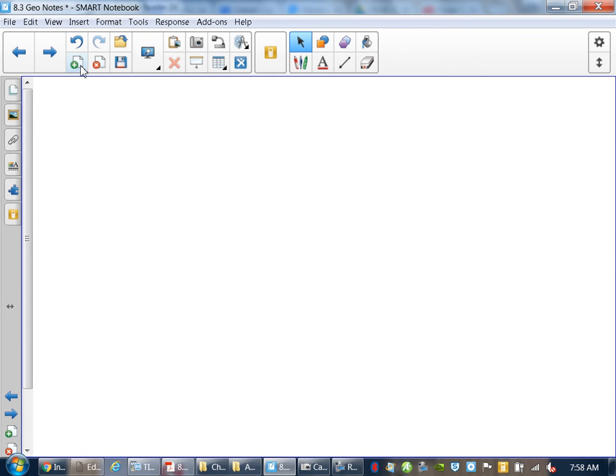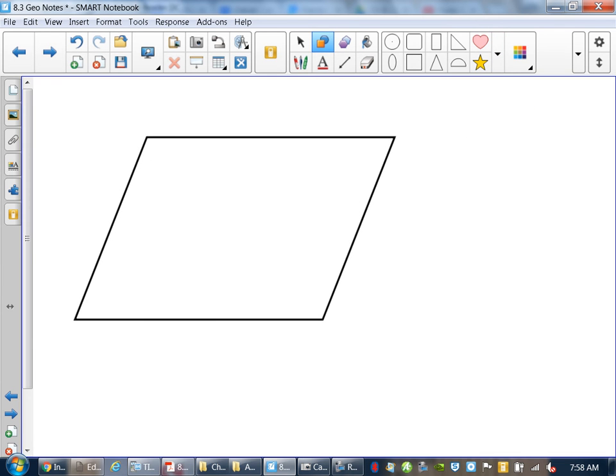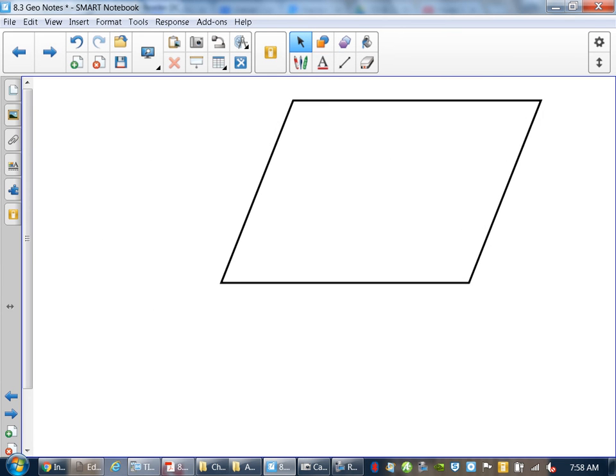So if you go back to the idea of what we've done in terms of a parallelogram, we've listed out a bunch of different properties. What was one of them? That doesn't make it a parallelogram, though. That just makes it a quadrilateral. There you go. So we know this.